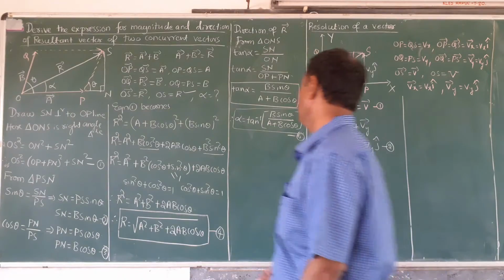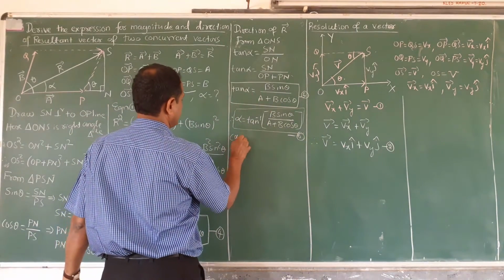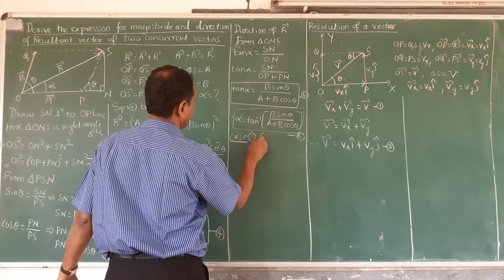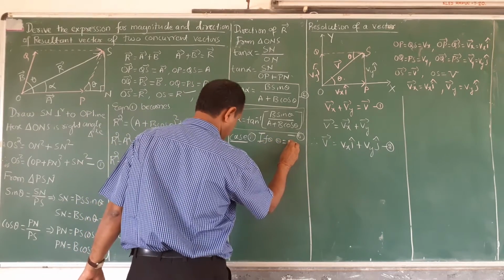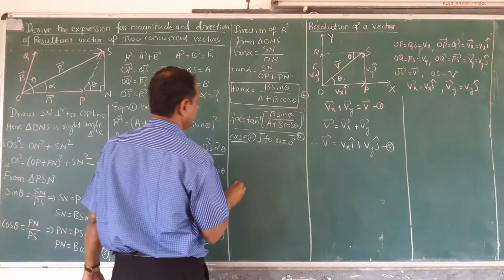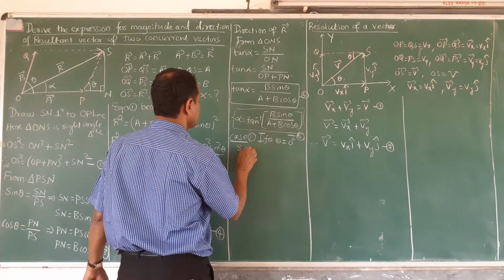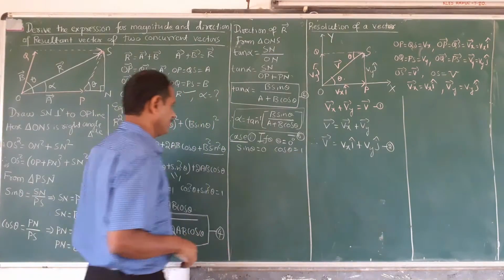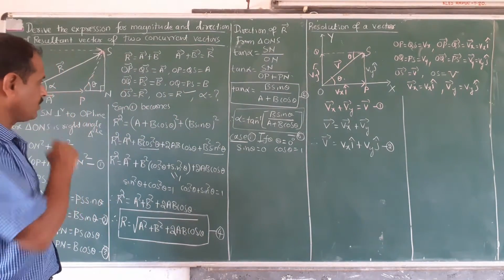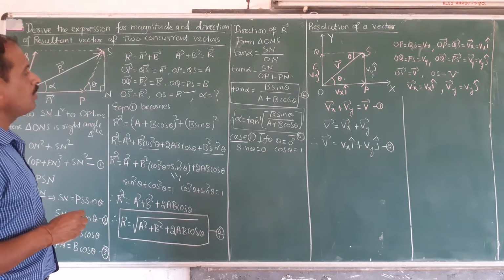Okay. Now, conditions, different cases. Case first one. If theta is equal to 0 degree, sin theta is equal to 0, cos theta is equal to 1. If sin theta is equal to 0, cos theta is equal to 1, what you got here?